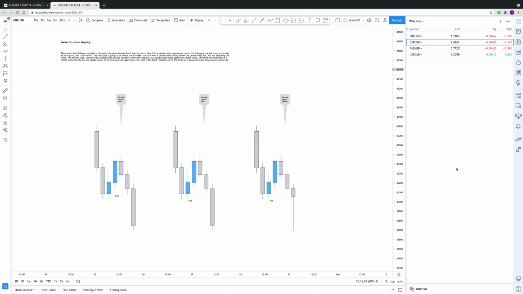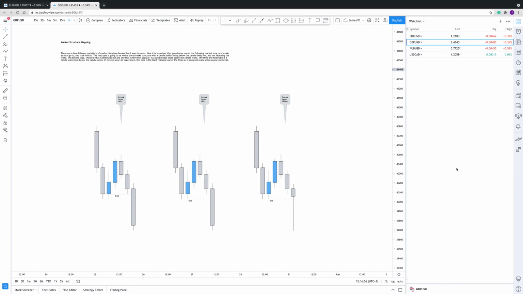It is important that you choose one of the following as your market structure break and as your go-to, stick with it, and be consistent with it. The more backtesting you do and the data that you collect, you'll come to find which one works for you and the one that you want to use. So once you find it, it's important to be consistent with it and use that as your go-to.